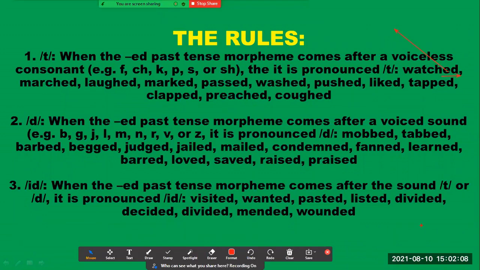So let's look at watched, and you can see the transcription here.